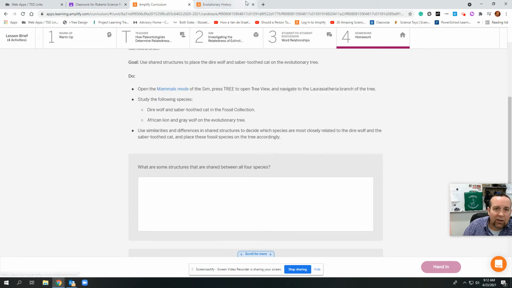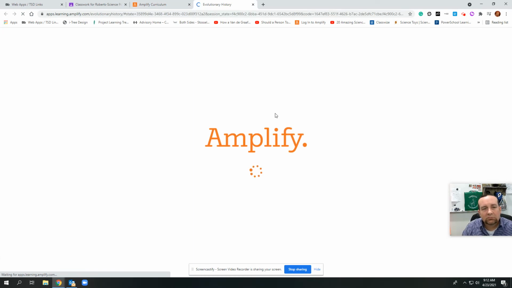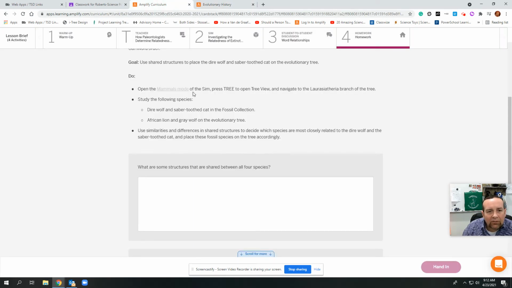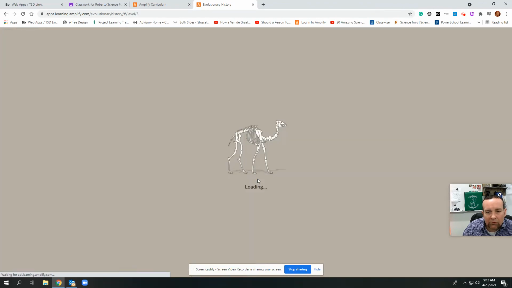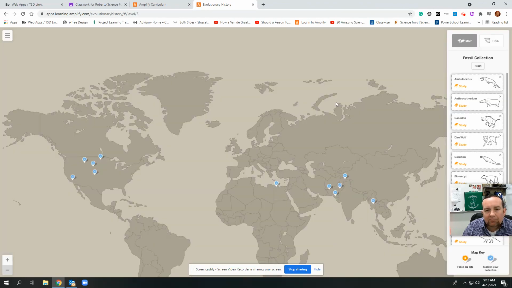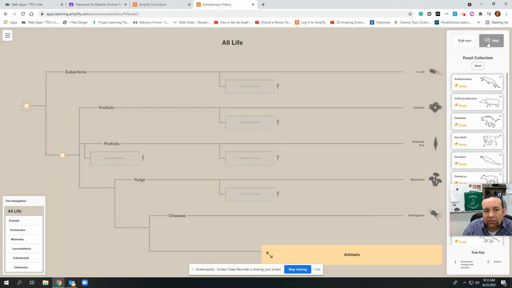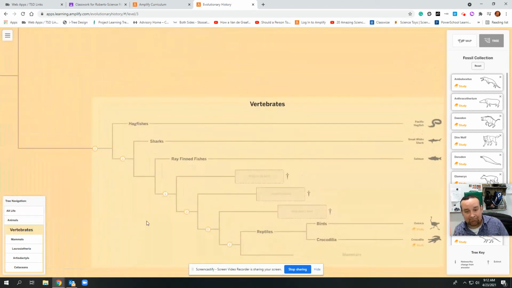So let's do that. Let's see, we want mammals mode in our sim, so when we're here, we're going to find mammals. We're going to go to tree, and now we're going to go to the Loricea. Try it.